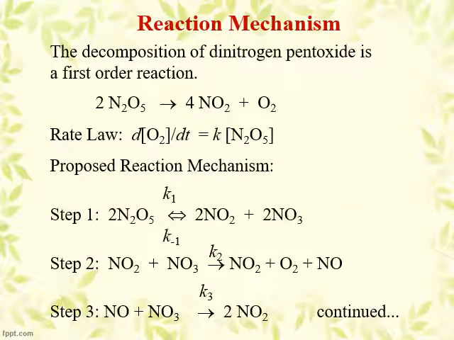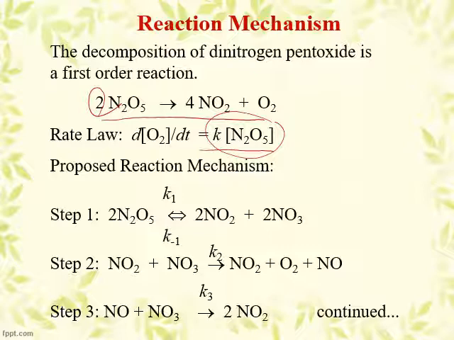So what does it mean? We have the decomposition of nitrogen pentoxide here, a first order reaction. Note that the rate law is not in agreement with the overall reaction; the rate law is first order. So this is the proposed mechanism: step 1, step 2, step 3.